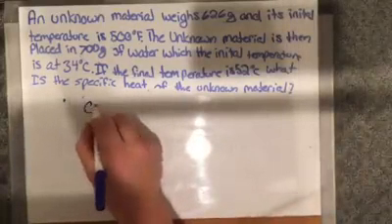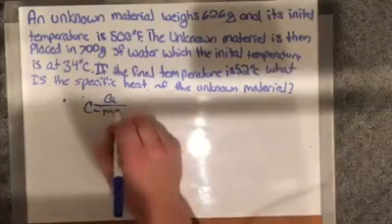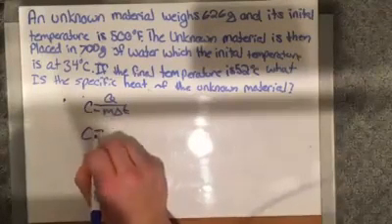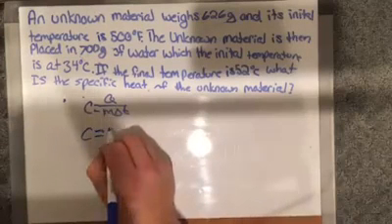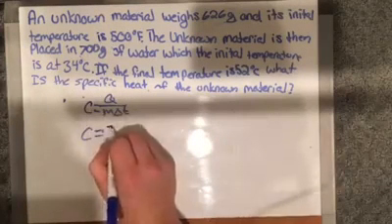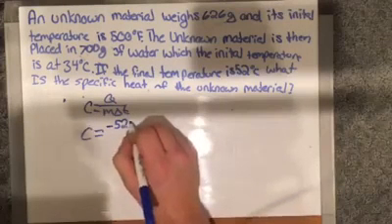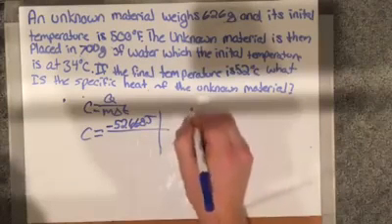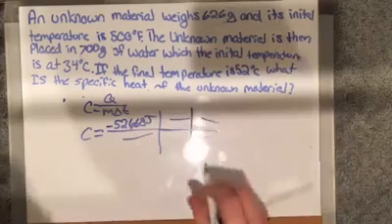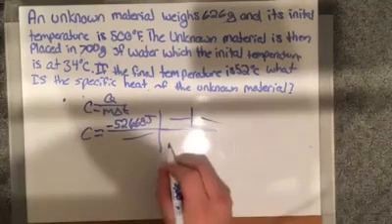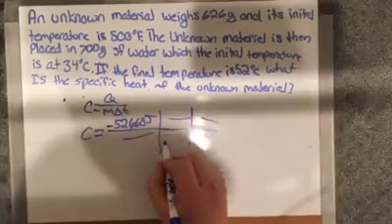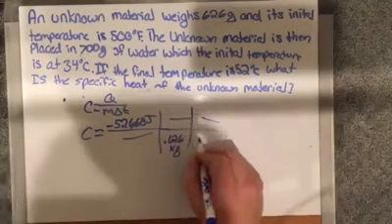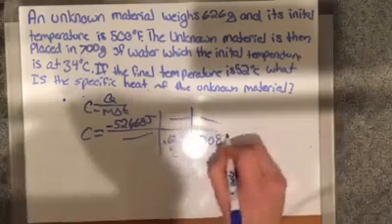So we're going to have C equals Q over M delta T. We still don't know specific heat, so we'll leave that as C, which equals our Q. But our Q is going to be negative, so it'll be negative 52,668 joules. Now we're going to take our mass for the M, which was 0.626 kilograms, and the change in temperature, which is negative 208 degrees Celsius.